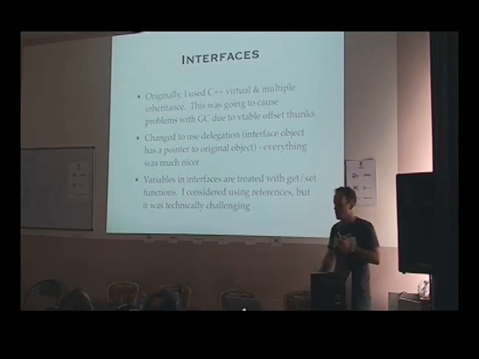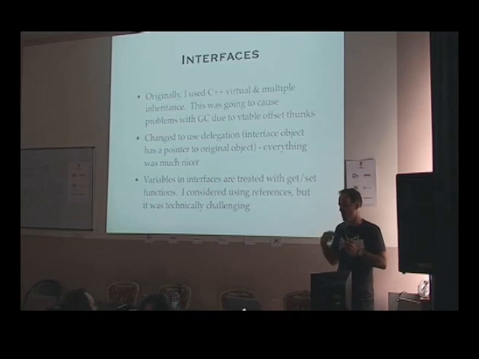So interfaces, originally I implemented these using the normal C++ multiple inheritance constructs, but they turned out to be really quite painful to work out where objects were being referenced from for the garbage collection, because they have offsets to the objects from various places within other objects. I changed this to a delegation model, and everything was much nicer.